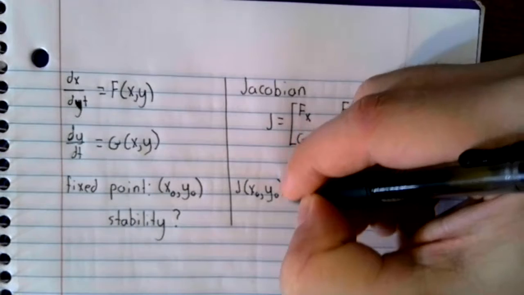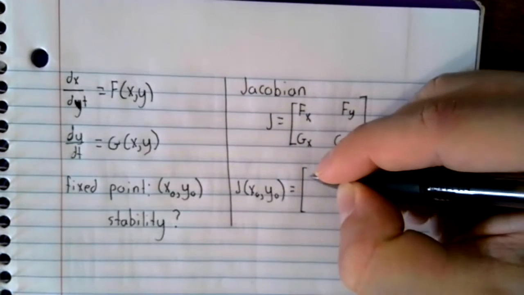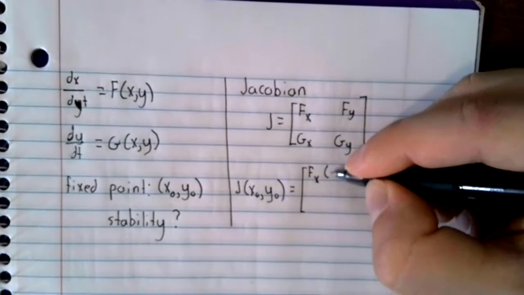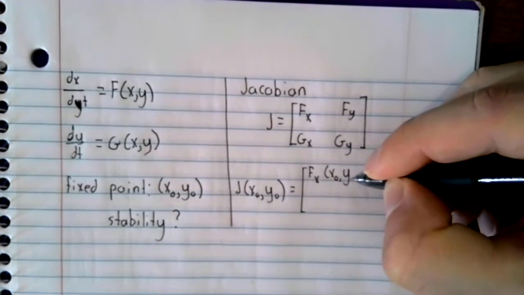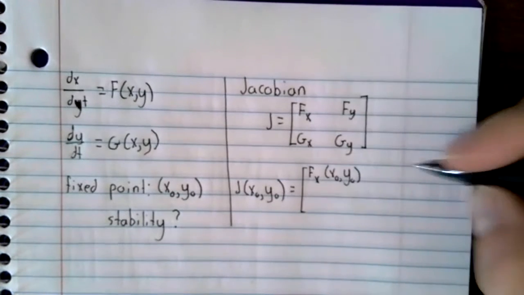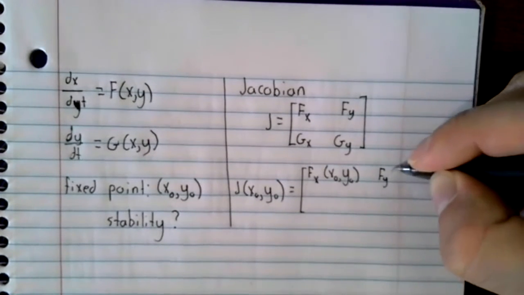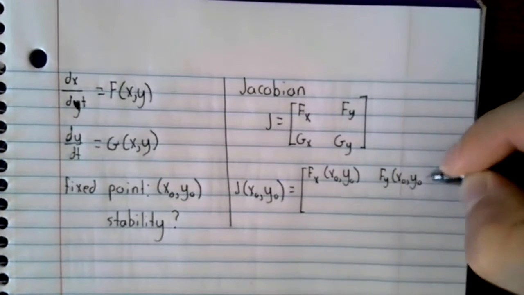Doing so now gives us a numerical matrix with eigenvalues and eigenvectors.